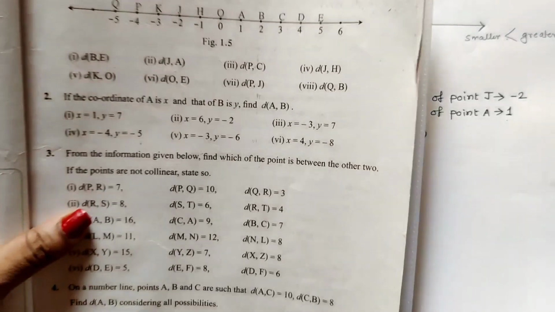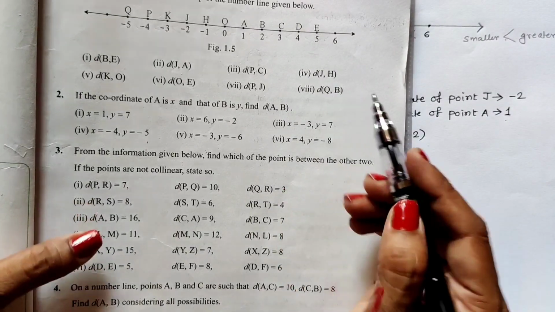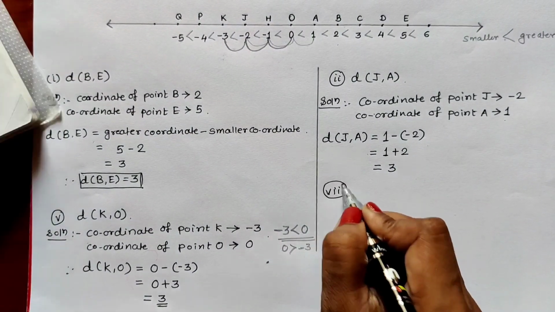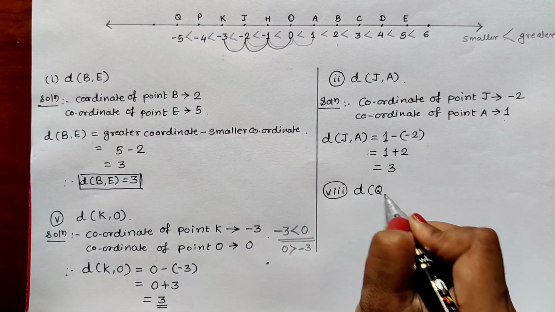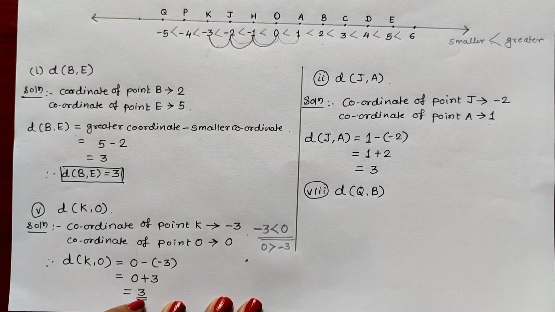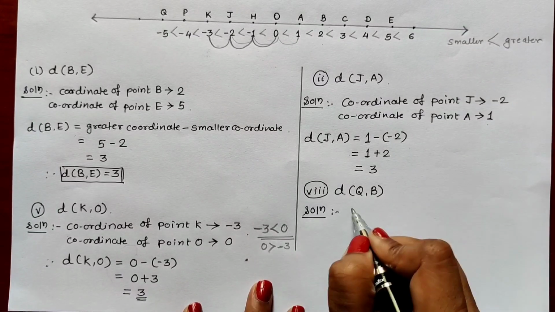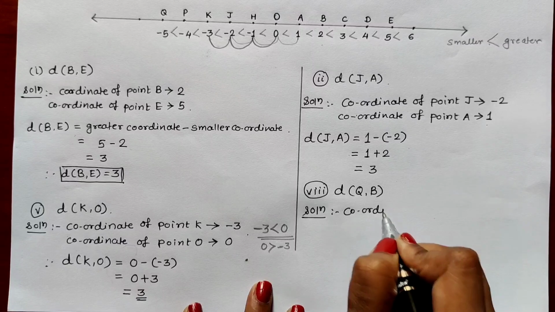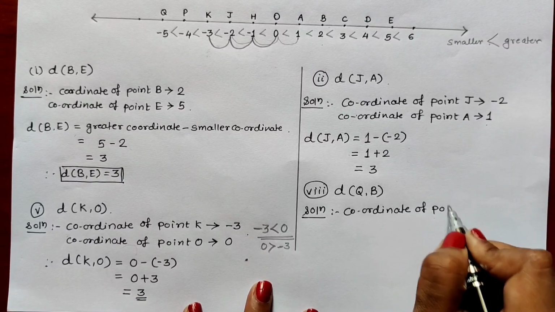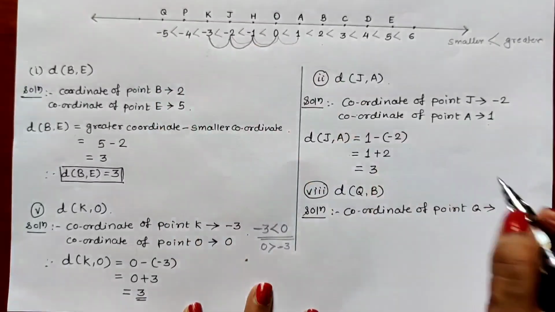Now one more sum I will be showing you, and remaining sums you all can do on your own. I will be showing you QB now. Last sum, 8th sum. Distance QB. So let us write the solution. We will write coordinates of points Q and B. Coordinate of point Q. Let us check the coordinate of point Q, which is -5.